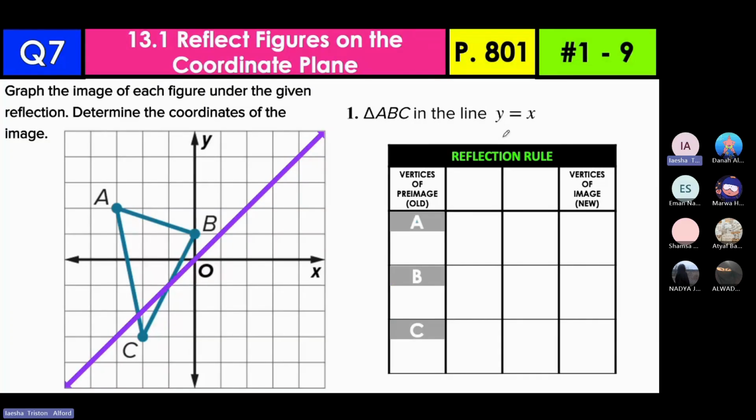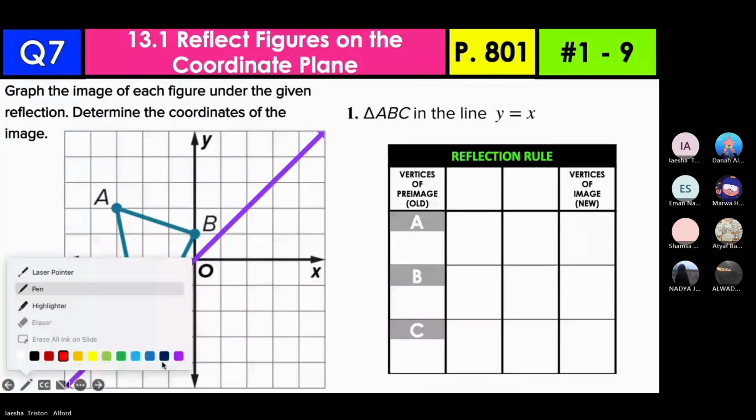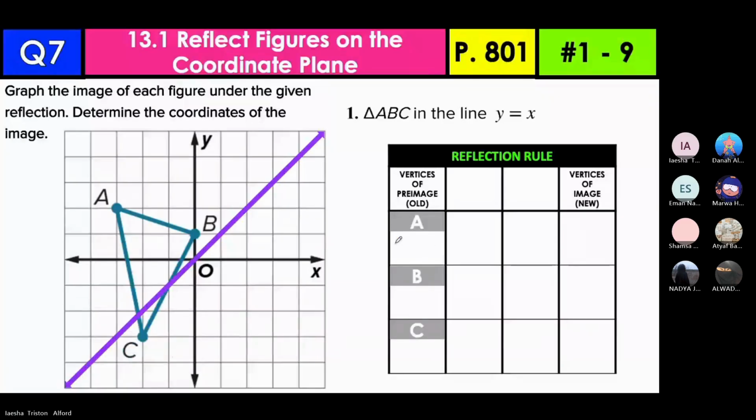So the first thing we need to know is where is A in the graph. So where is A? -3 and 2. So negative, so 3 left and up 2, right? Where is B?